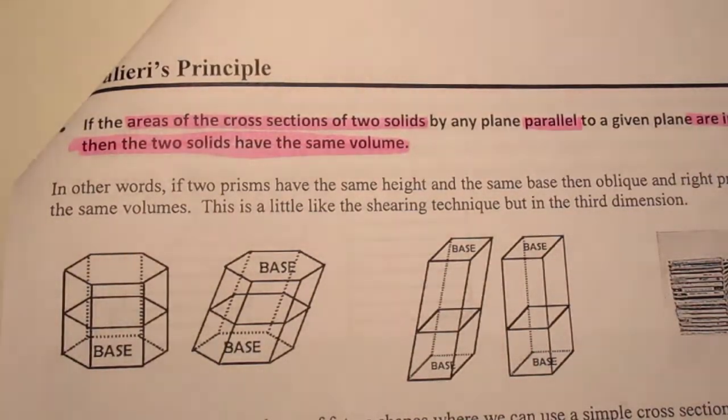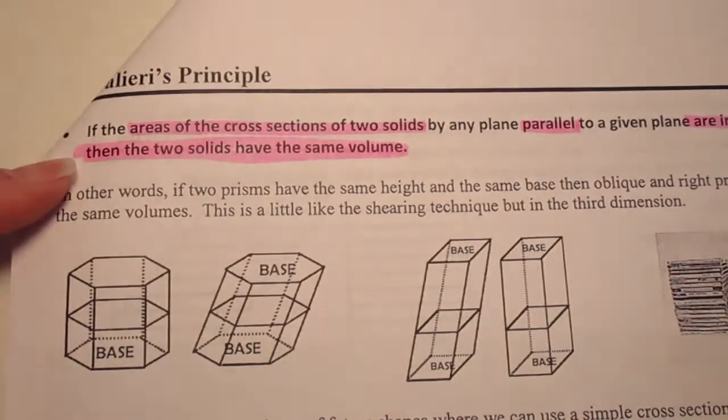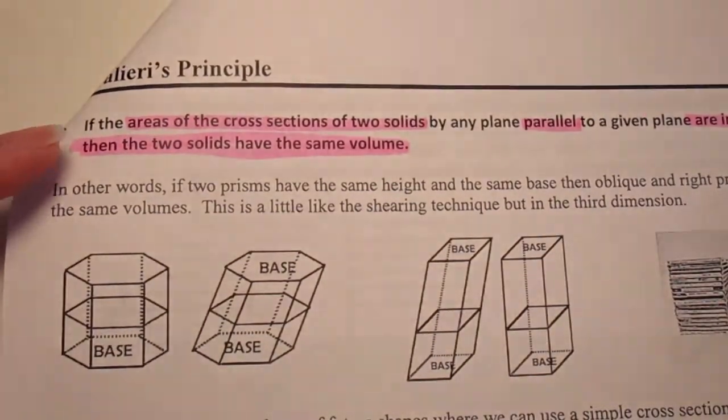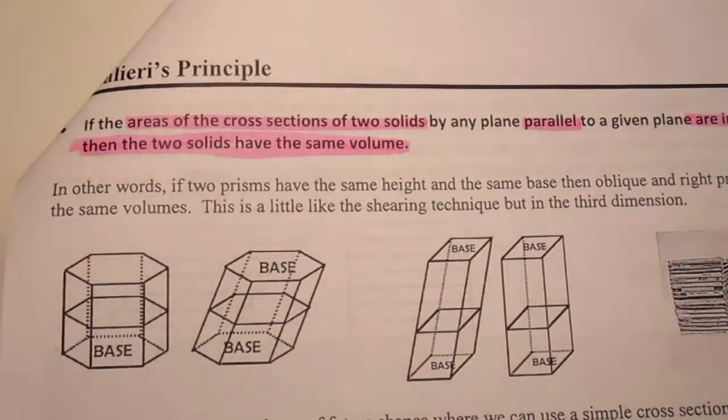If you take a look at your sheet, this is page 8 in your packet. I highlighted exactly what's important. The areas of the cross-sections of two solids by any plane parallel to a given plane are invariably equal. Then the two solids have the same volume.